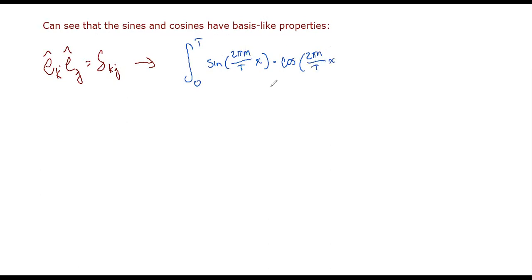So these are different coefficients, so let me color code them. This is an m, and this is an n. So what would you like this to be?